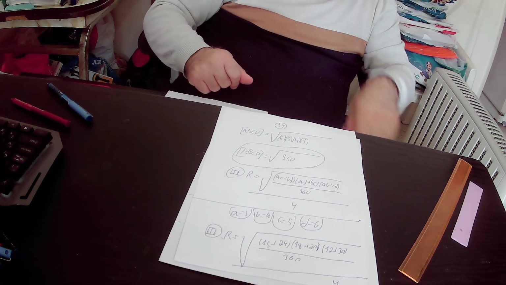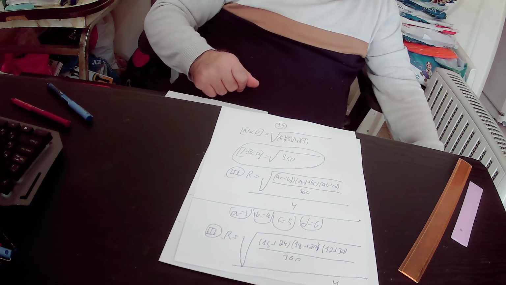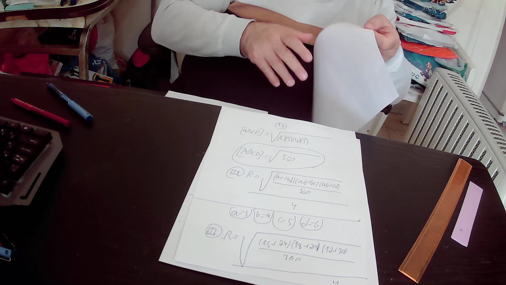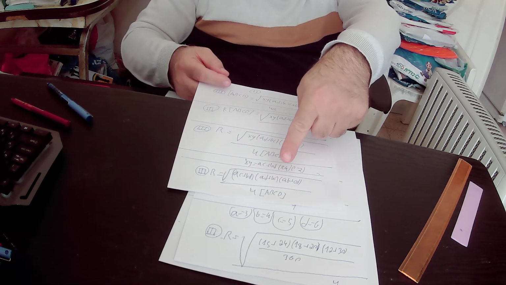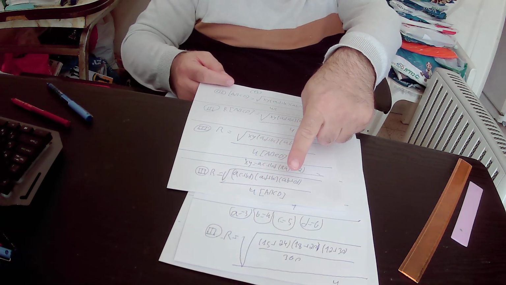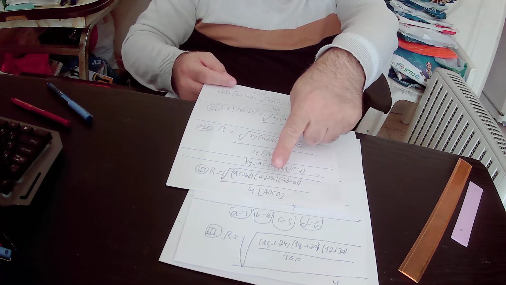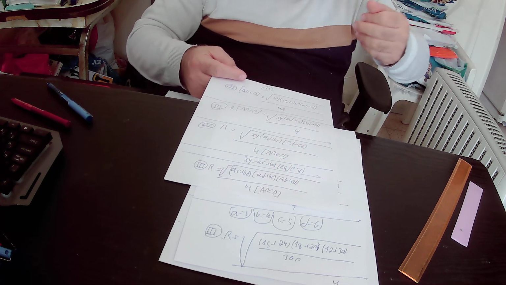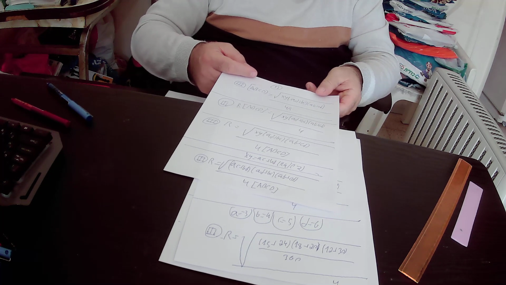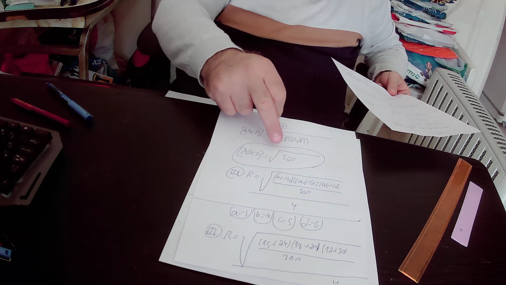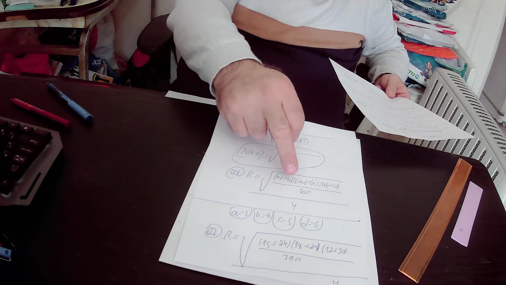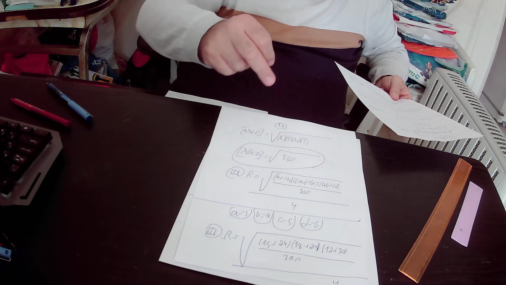Then we substituted the area of quadrilateral ABCD in equation number 3 by the root of 360 square units, and we got this expression.